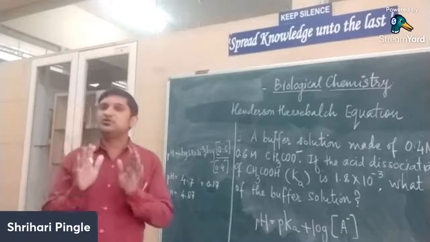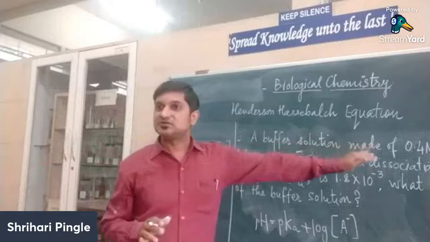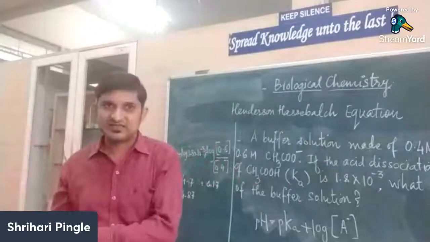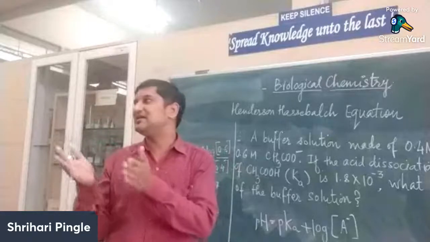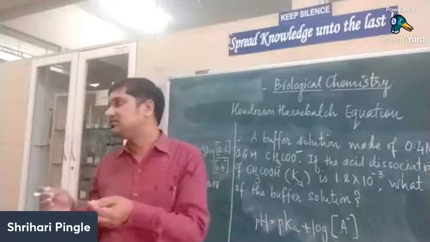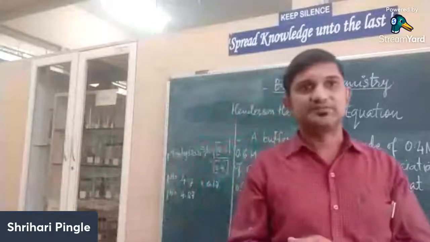So idea of telling you all this is that when you have the concentration of conjugate base, corresponding acid, and pKa values or Ka values, then what you simply can do is calculate the pH of the given solution.